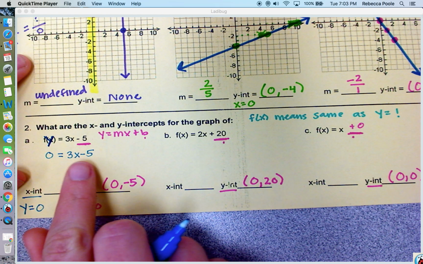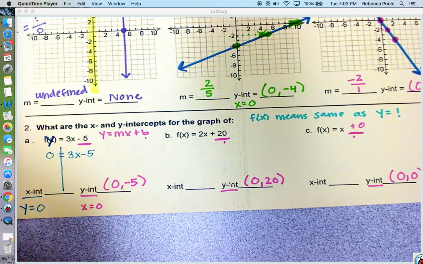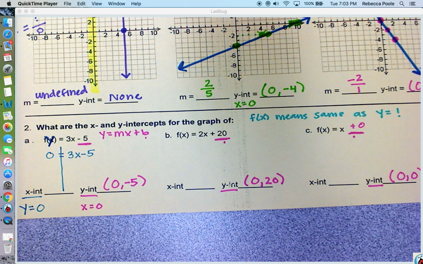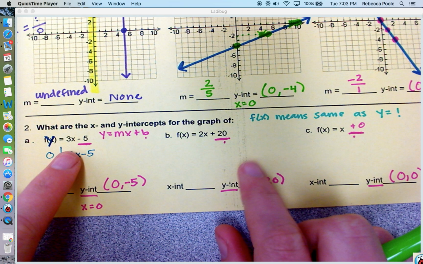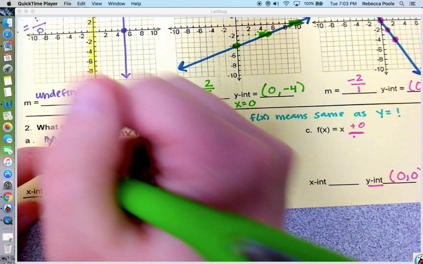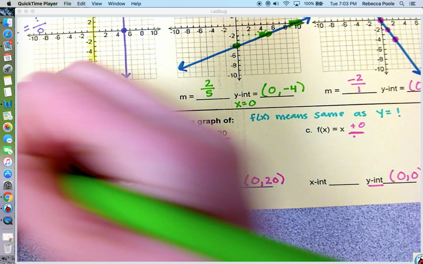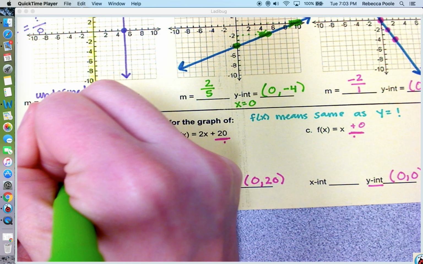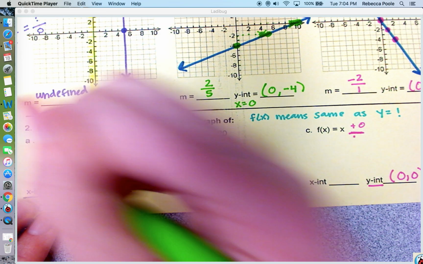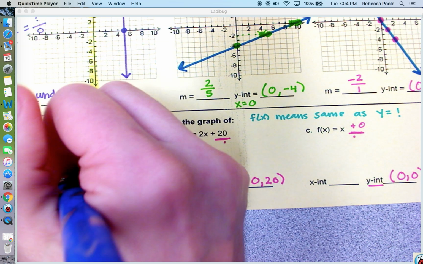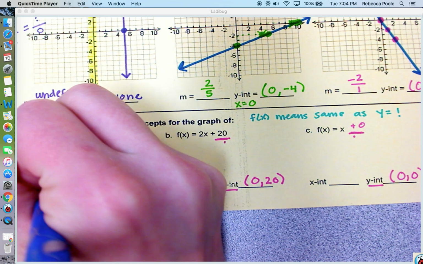Okay? Now we need to solve for x. So I'm going to draw my wall. Cover my x. The opposite of subtracting 5 is to add 5. What you do to one side, you do to the other. So this gives me 3x equals 5. And then we'll divide by the 3 to get the x by itself.